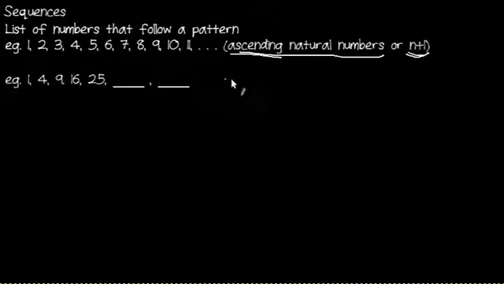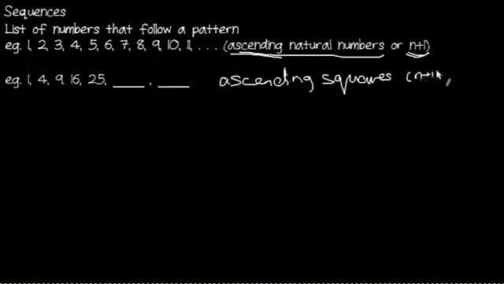Okay, so ascending squares. And so you could say that the way to find out the next one is going to be n plus 1 squared. So this is the first place.